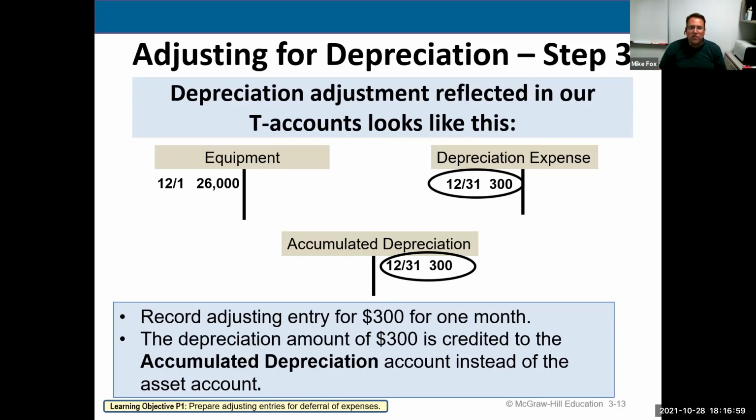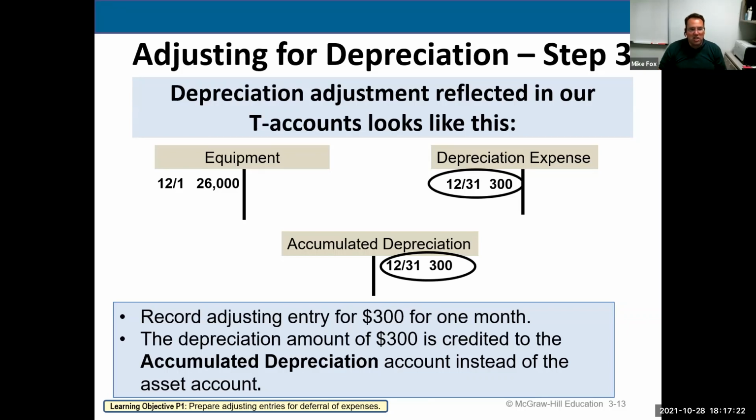So this is different than the first two examples I gave, because with depreciation, with long-lived or plant assets, we like to leave the asset showing its cost, and then show the cost of the asset being used or depreciated over time in a special account called accumulated depreciation.